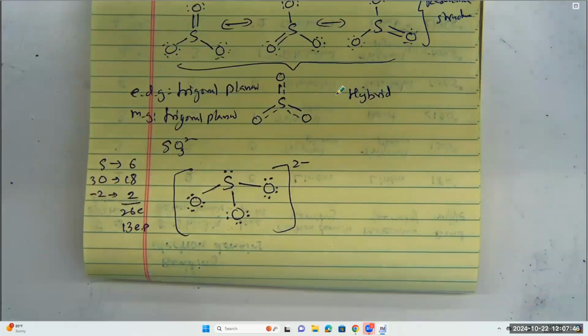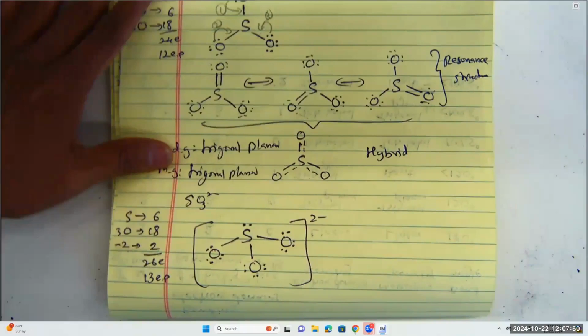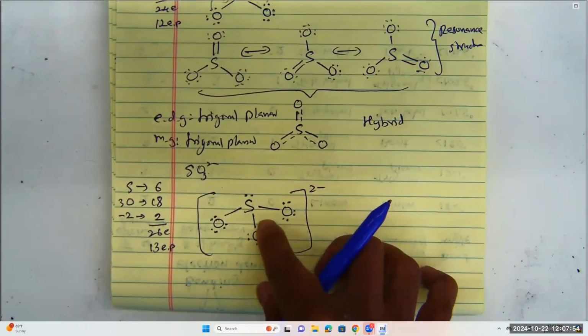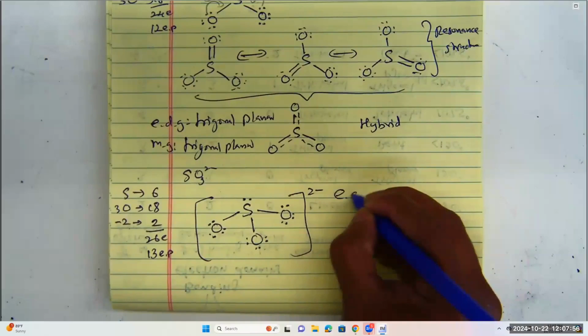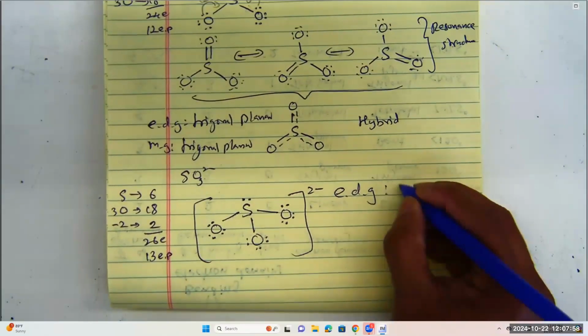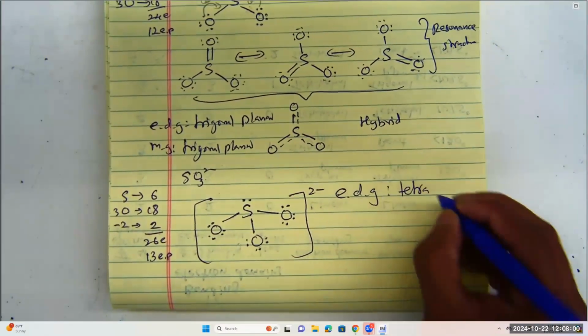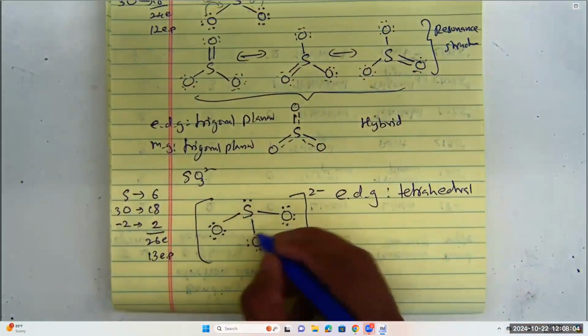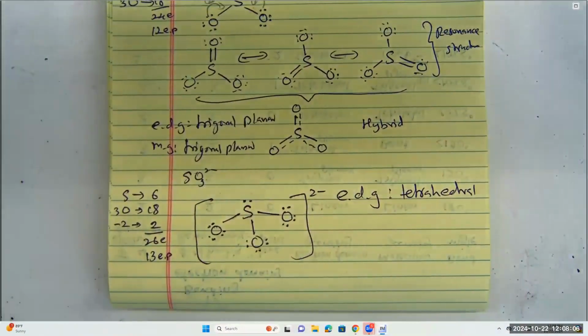All right. Anyway, so these are our resonance, our Lewis structures. For SO3 2 minus, the electron domain geometry is tetrahedral. Why? We have 1, 2, 3, 4 electron domains around the central atom.